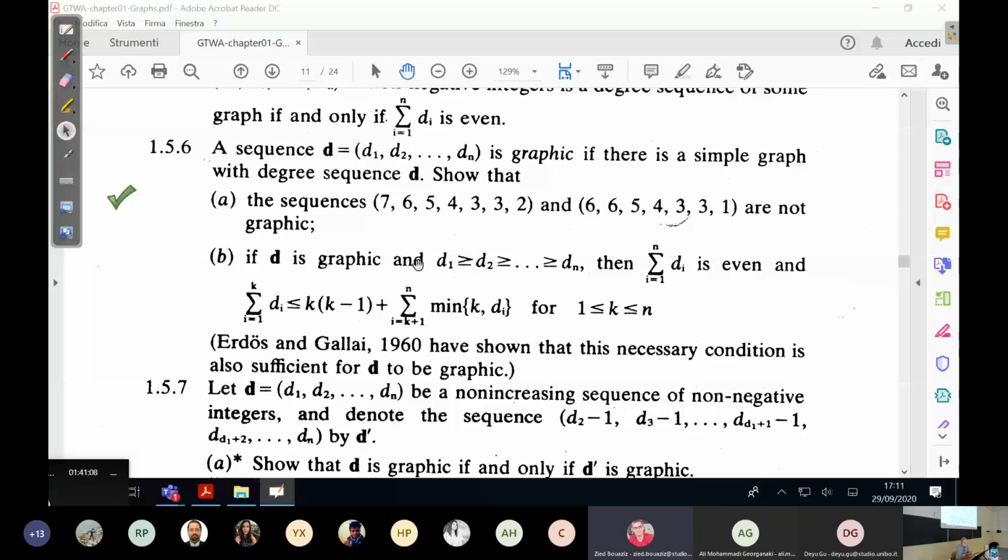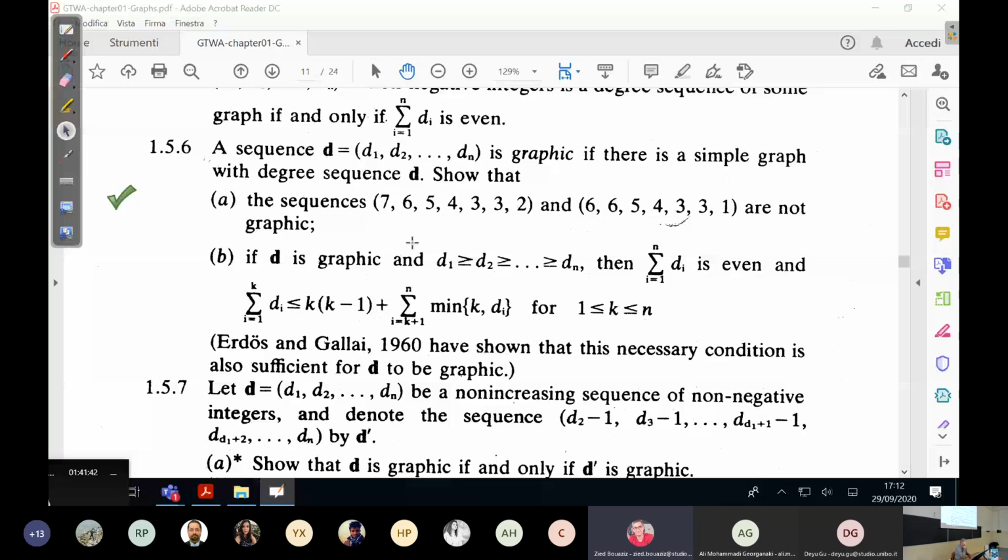So go on. So the sequence of degrees is 7, right? There are seven sequences, right? So each degree is composed of a number in this sequence.